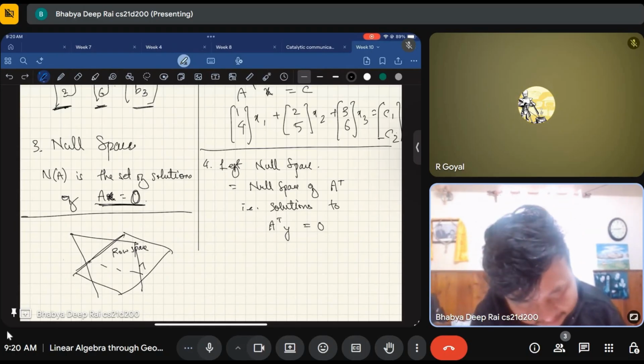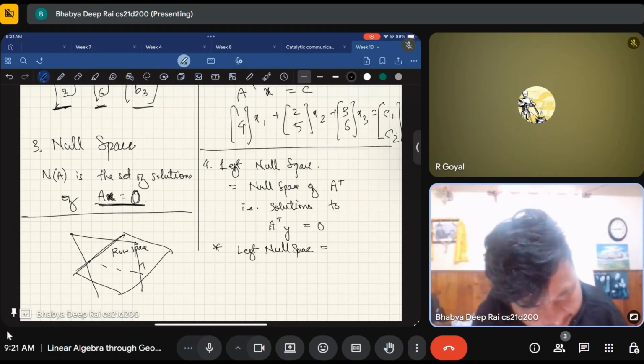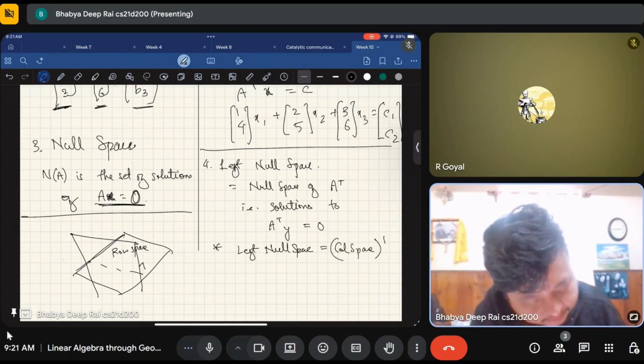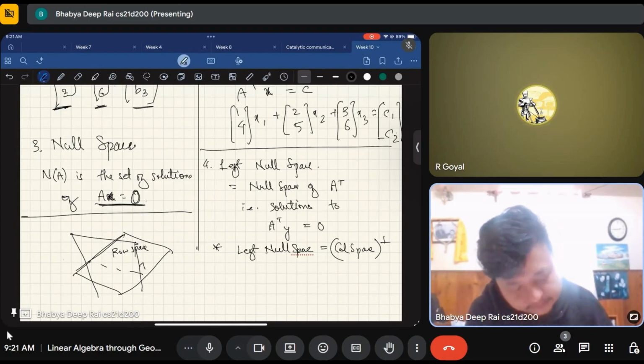Now the point is that the left null space is equal to the column space perpendicular, or simply they are perpendicular to each other.